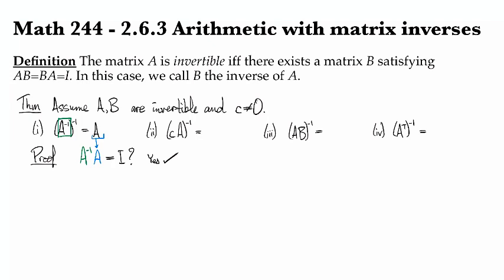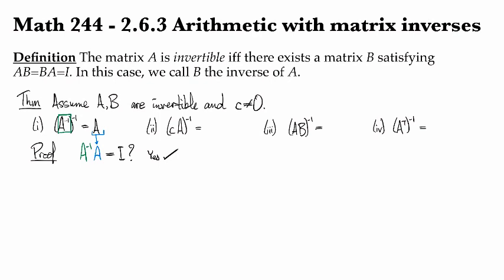Okay. Now, with that line of reasoning, maybe we can figure out what the inverses of these other matrices are. So let's see. CA inverse is what now? Whatever it is, it should be the thing that you put next to CA so that when you multiply them together, you get the identity.